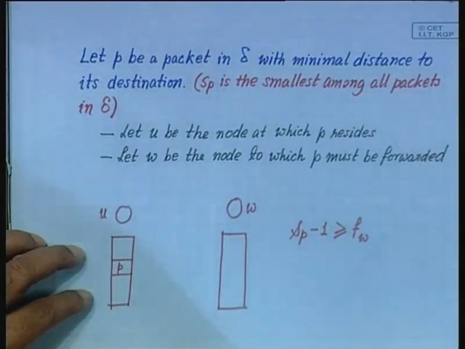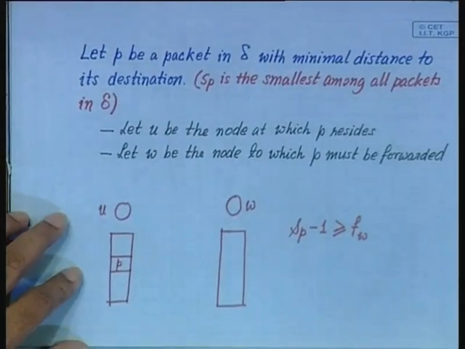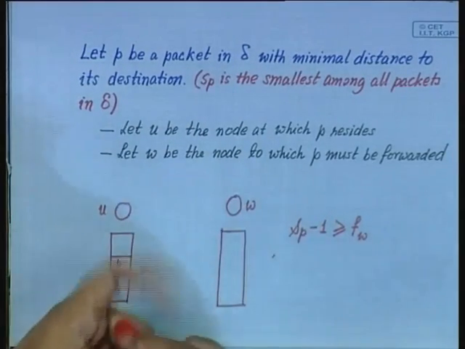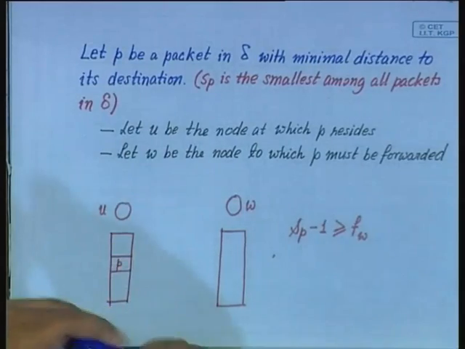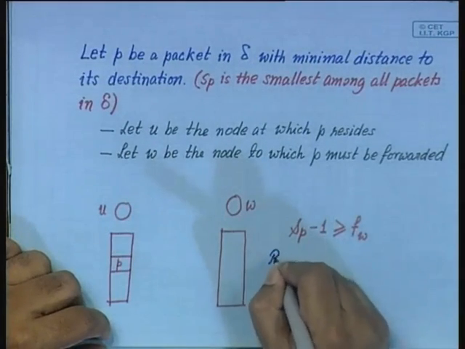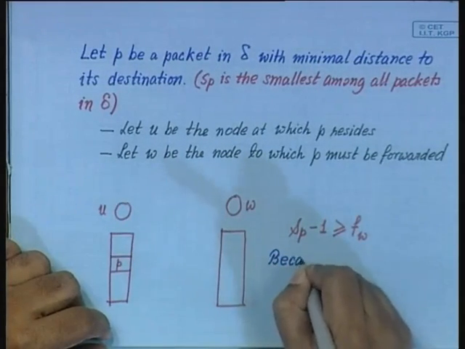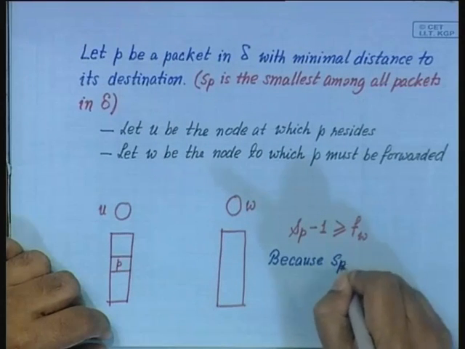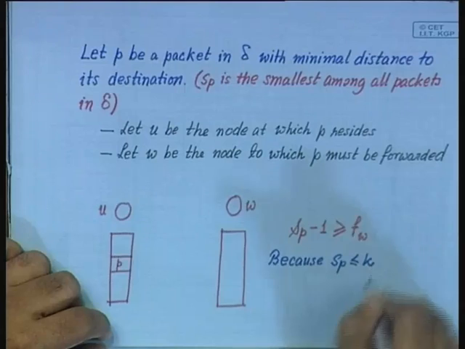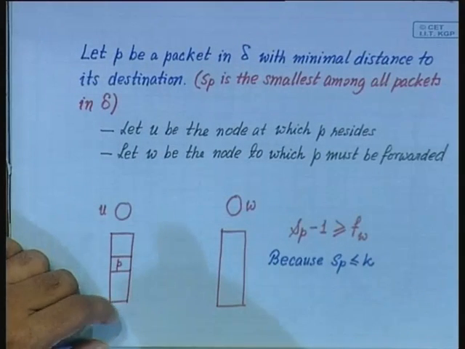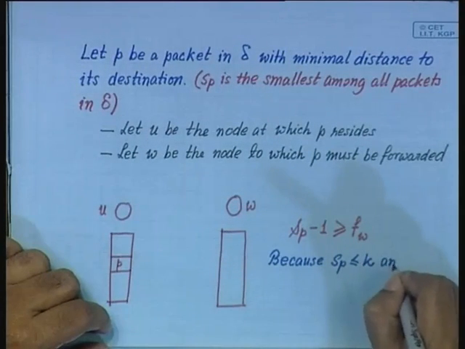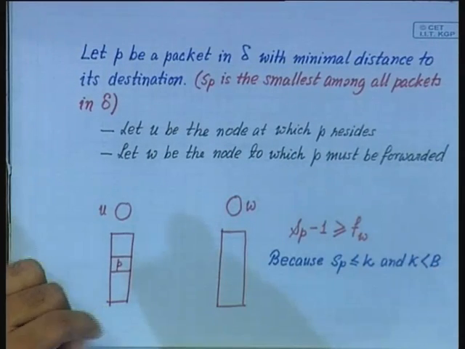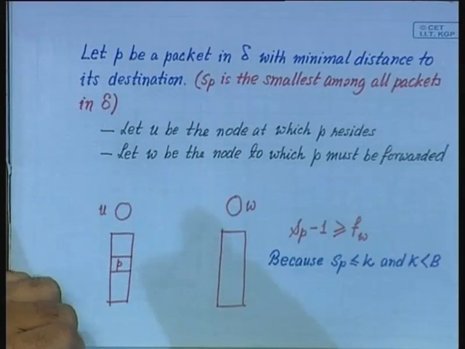Now, we say that because SP is less than or equal to K, and remember that our assumption is K is less than B, okay.